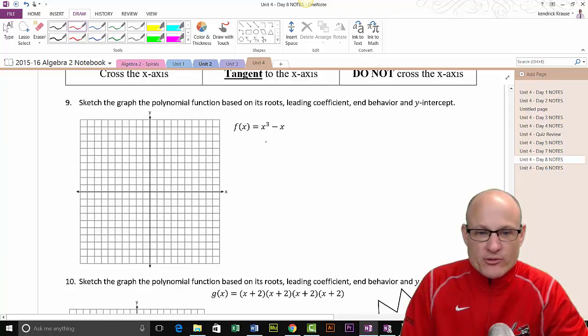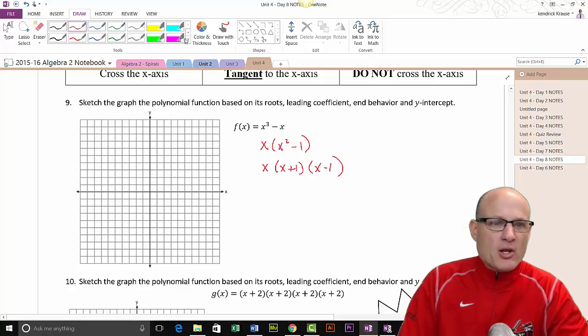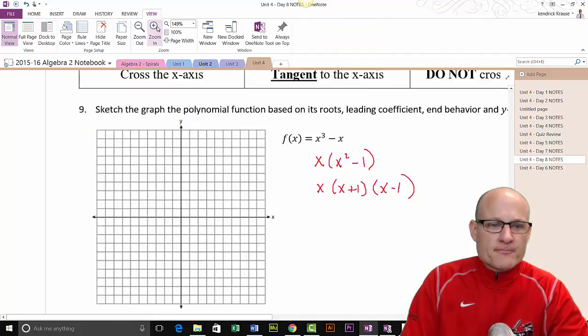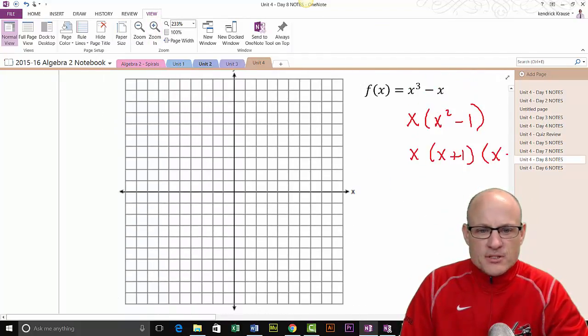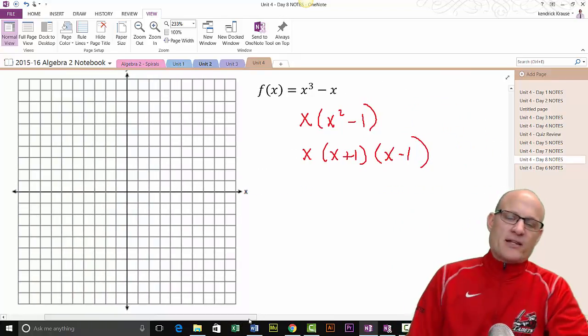So the first thing we're going to do is factor it. x squared minus 1, x plus 1, x minus 1. So let me blow this up a little bit so you can see it better. I think that's good enough. And what we're going to do is we're going to plot those roots.